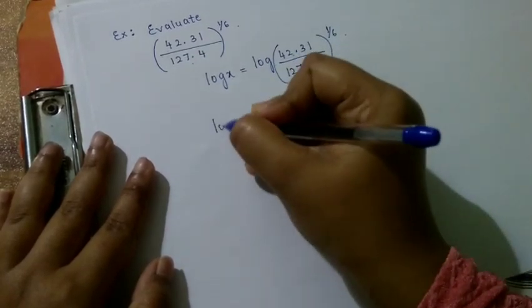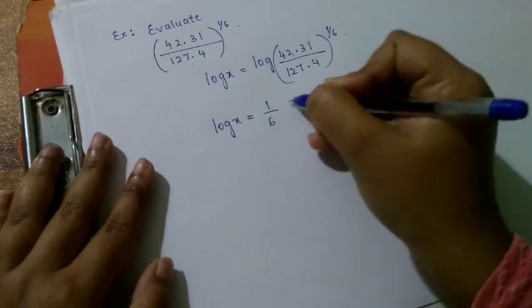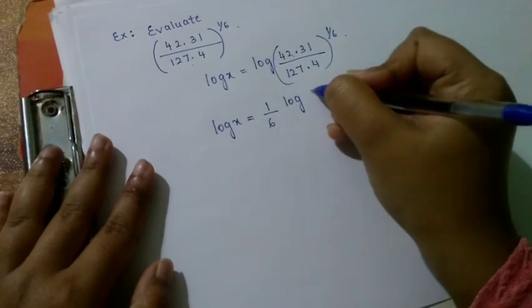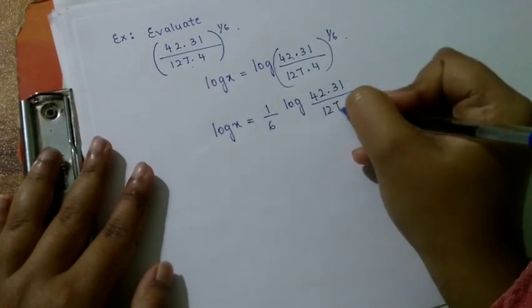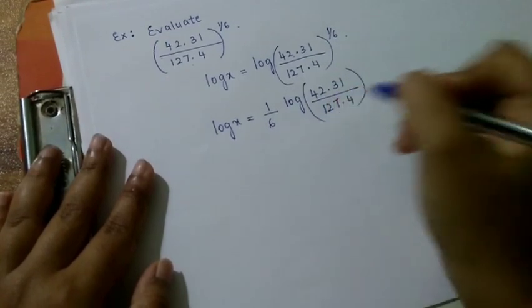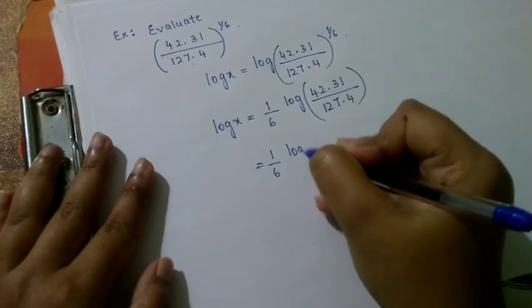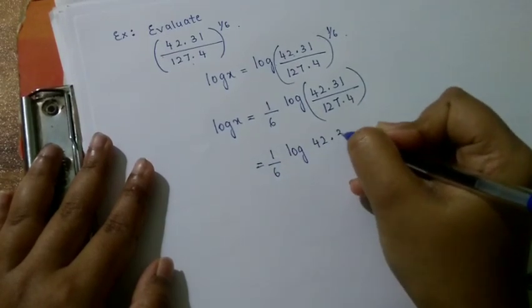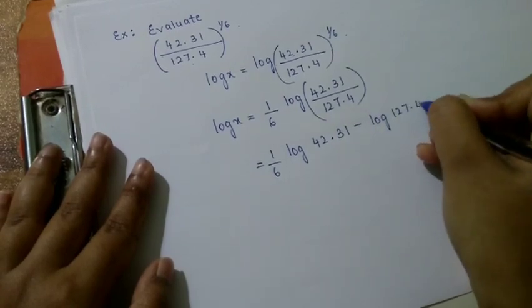So that will be equal to log x is equal to 1 by 6 log of 42.31 divided by 127.4. Okay, so 1 by 6 into log of 42.31 minus log of 127.4.